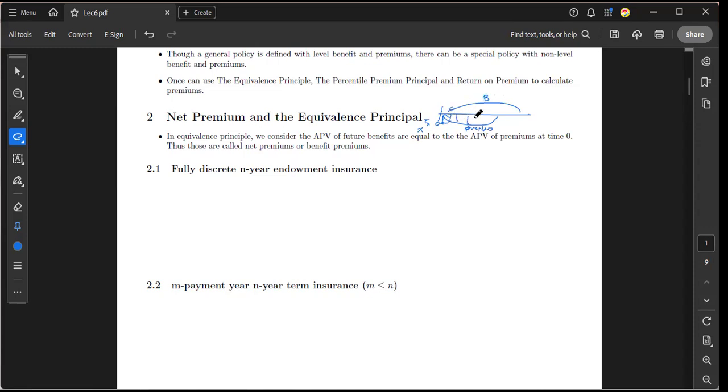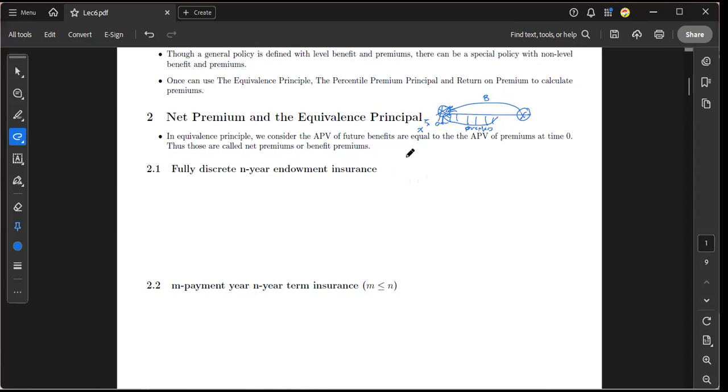So the premium is a series, the benefit is only one instant. So the present value of the benefit and the present value of the series of payments will be the same at this point. So that's how it works.